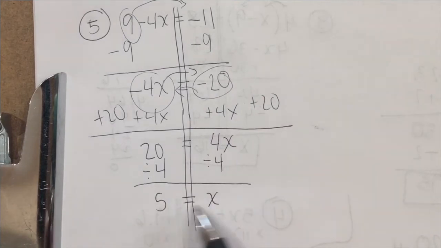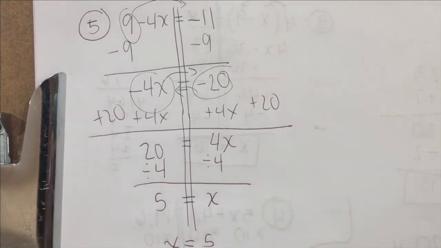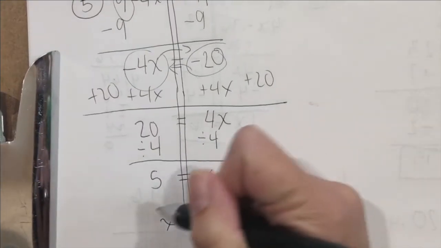And once we have that x is equal to 5, or 5 is equal to x, it doesn't matter which way you write it. So we can rewrite it x equals 5 so that it looks a little bit more standard.